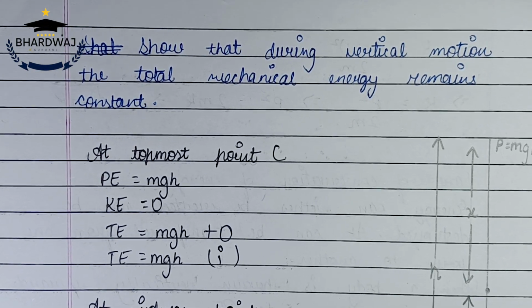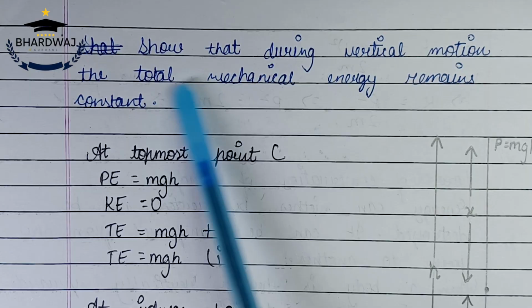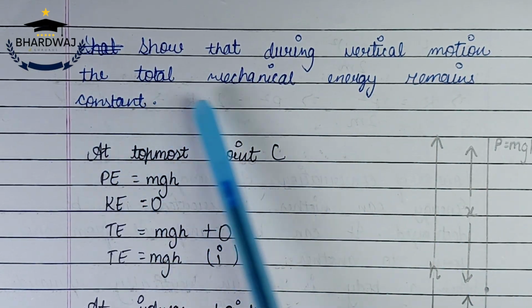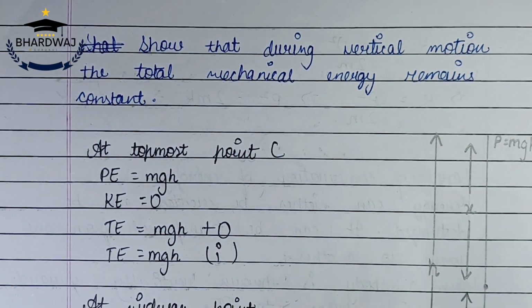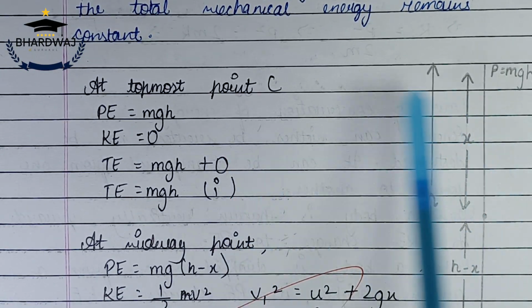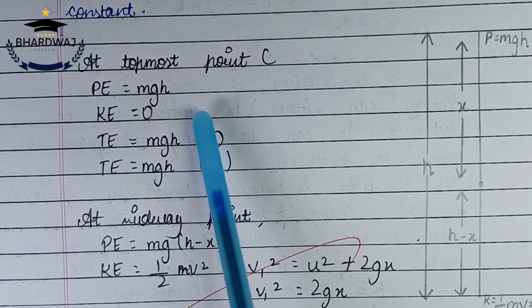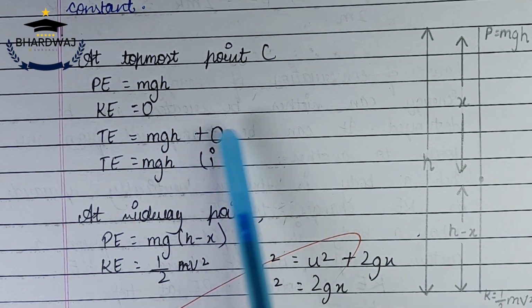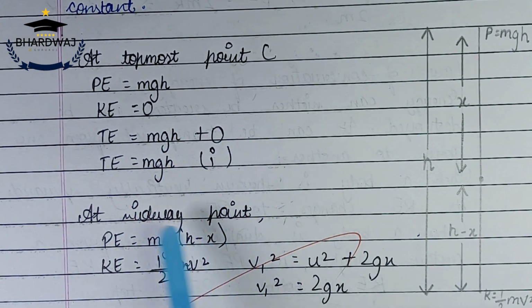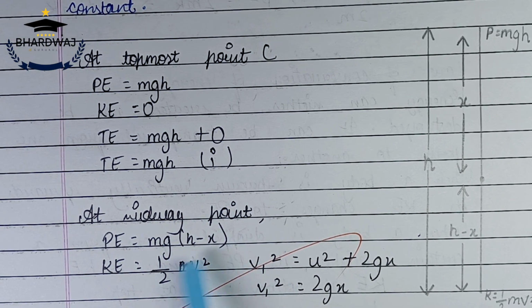Now let's show that during any vertical height, the total mechanical energy remains constant whenever anything falls down or goes up. At topmost point C, PE equals mgh, kinetic energy 0. So total energy is mgh plus 0 equals mgh. At midway point, potential energy equals mg(h minus x).